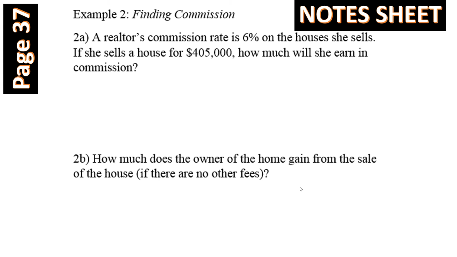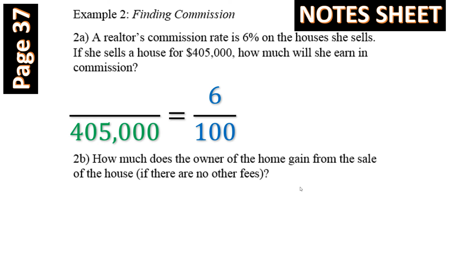So for the note sheet part, example 2A, a realtor's commission rate is 6% on the houses she sells. If she sells a house for $405,000, how much will she earn in commission? So 6% of $405,000.